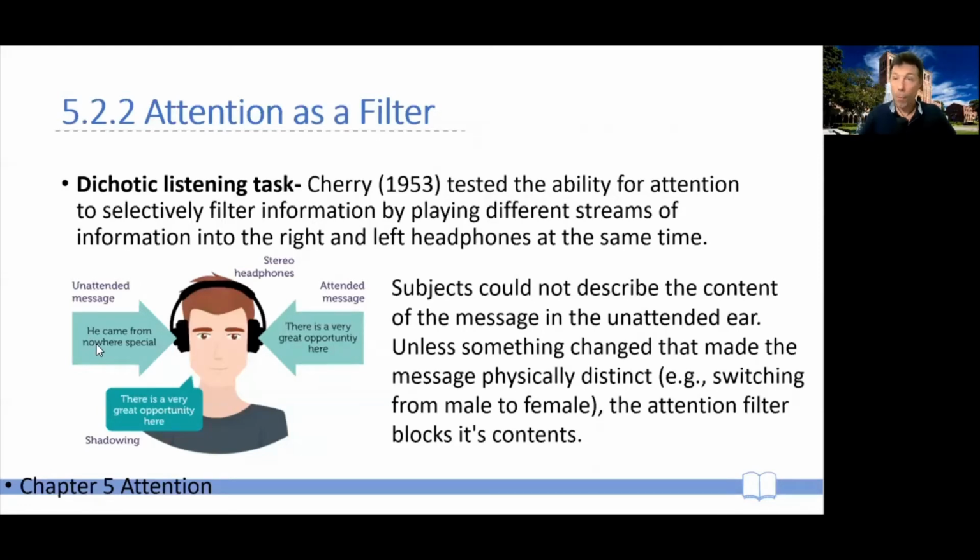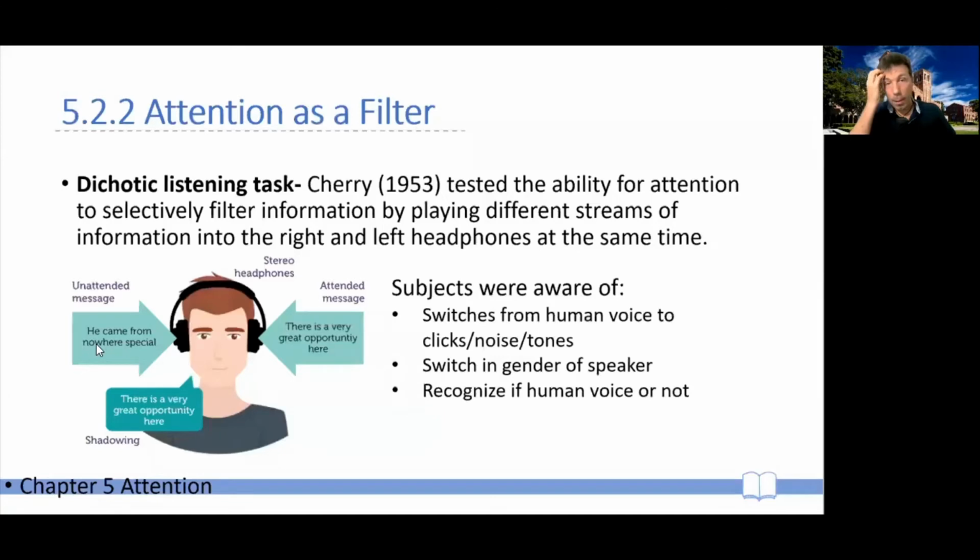In fact, if you ask them, participants could tell you some things, but usually it was really low-level features of the unattended message. For example, if suddenly it switched from a human voice to clicks or noise or tones, people could tell you that.